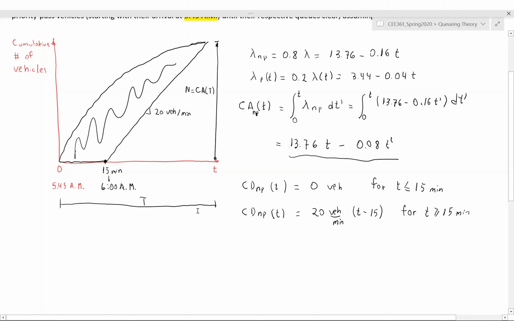So how do I get that? It's typically the same for most problems: identify the quantities we need. We find them when these two curves intersect, that is, when the queue disappears. That's what defines that point. So we make the cumulative arrivals, for the non-priority pass vehicles right now, equal to the cumulative departures. Actually, let me do it here.